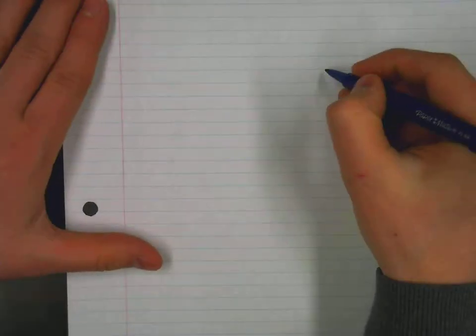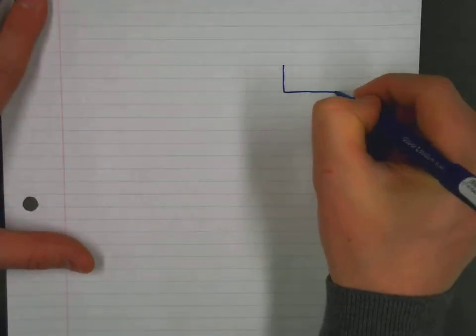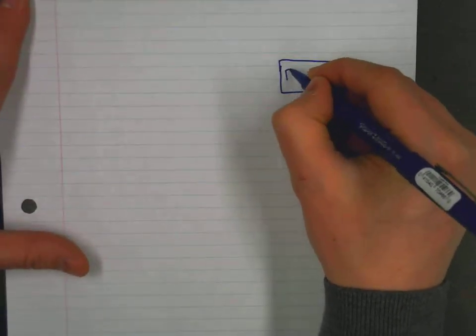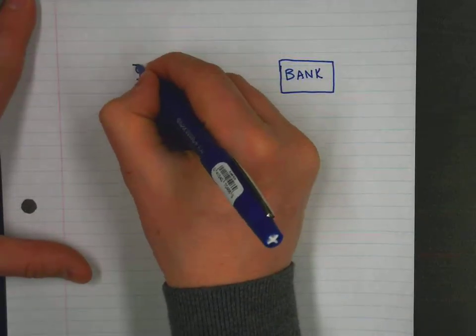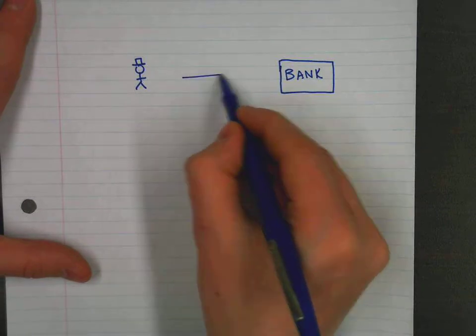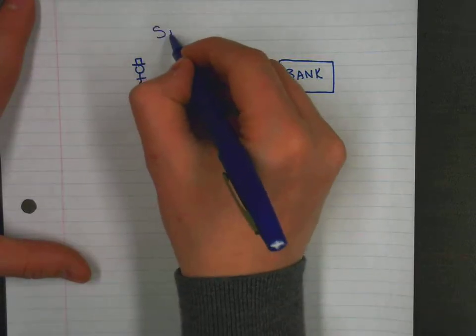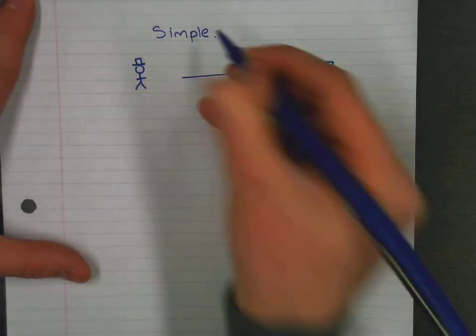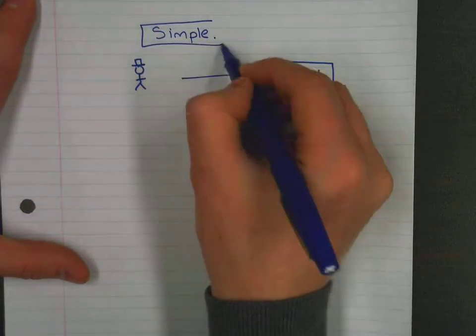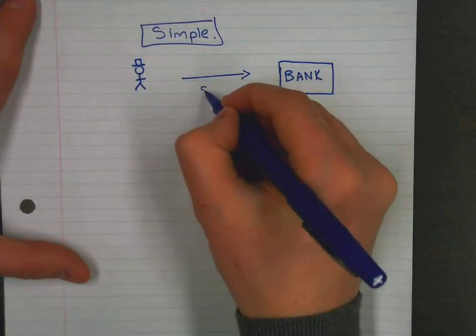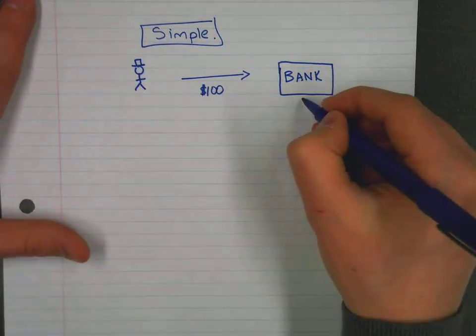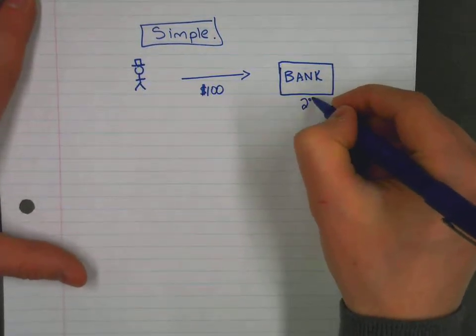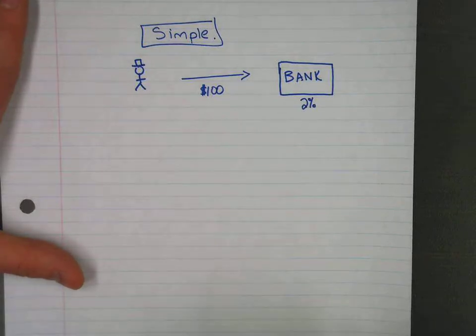So let's say you decide to go to the bank and you want to invest some money. Under the heading of simple interest, you walk to the bank and you invest $100. And let's say the bank says to you, we're going to give you 2% interest. This is a very realistic rate at this point.